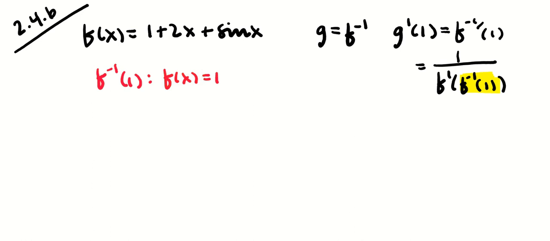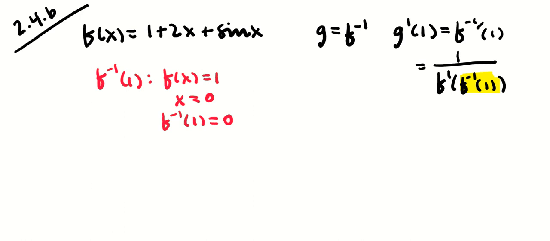So you see 1 plus 2x plus sine x, and it's got to either be 0 or 1 or -1 or something. It has to be obvious, or else they will tell you in the stem of the question. So if you look, you can see that f of 0 is pretty clearly 1. So I'm going to say x equals 0, because it's 1 plus 0 plus sine of 0, which is 0. So that means that f inverse of 1 is equal to 0.